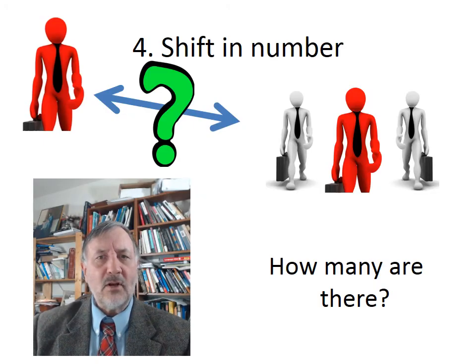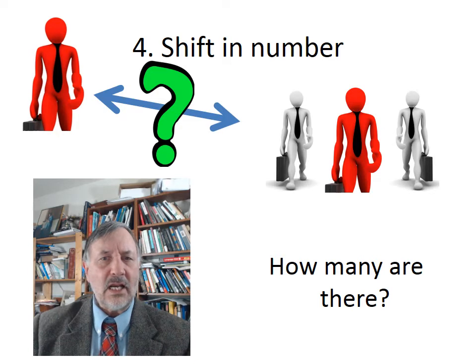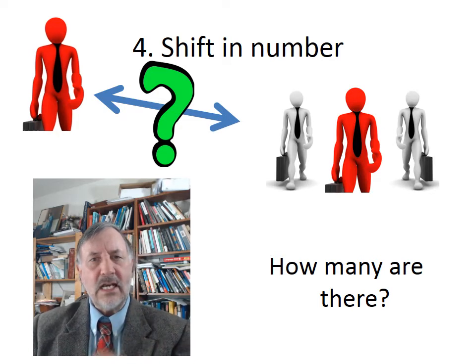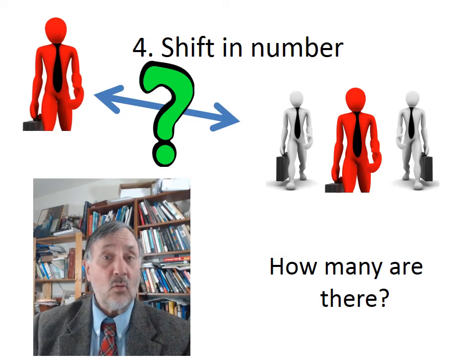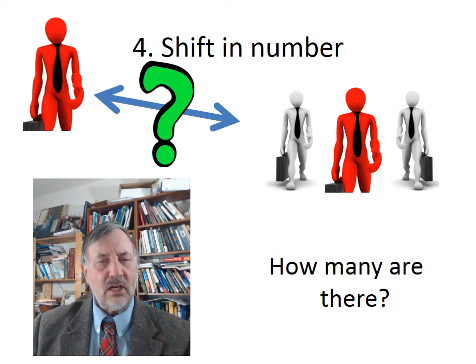Another area of frequent mistakes is that of a shift in number, and that is when we mean to be referring to an individual, a singular entity, and we shift to the plural. Okay, so we're shifting from the singular to the plural, but not for a logical reason.